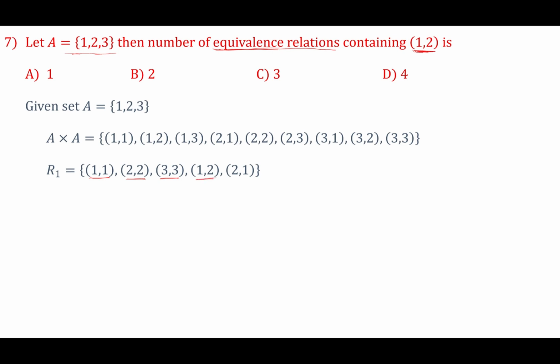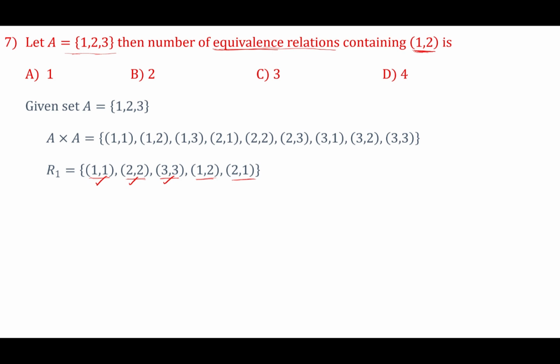So (2,1) must be there to show that this relation is symmetric. Now I have to check transitive. For the first three ordered pairs, I don't need to check because they satisfy the equivalence relation, which means these three sets are reflexive, symmetric, and transitive.